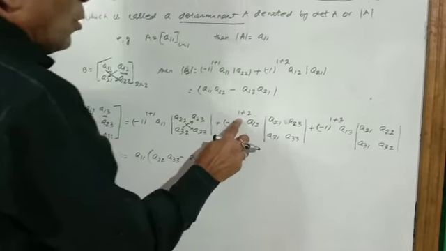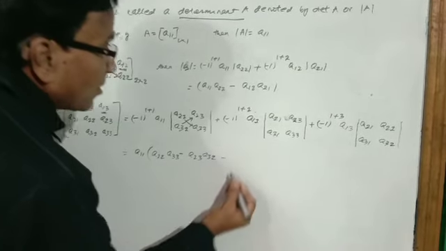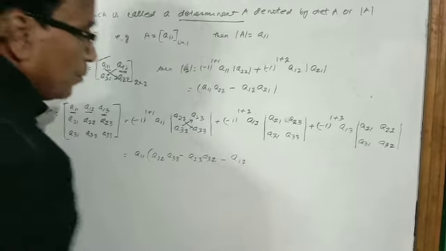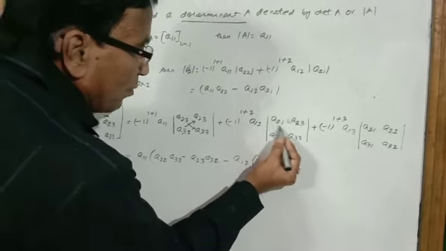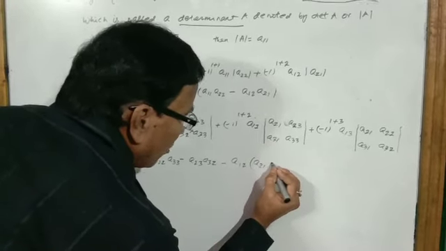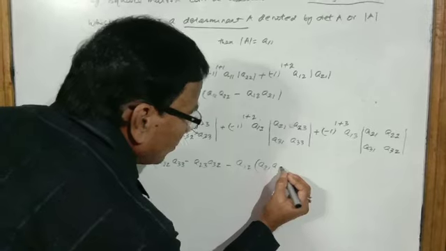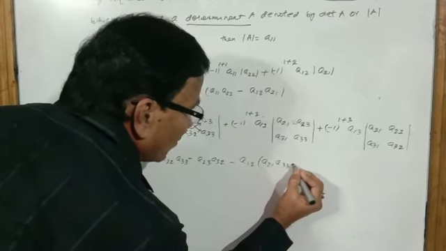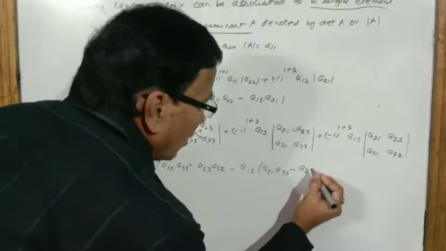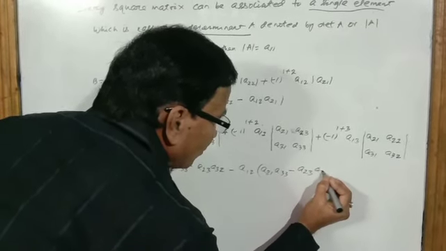Here (-1) whole to the power 3, that means it is minus A12 into the value of this determinant, A21 into A33 minus A23 into A31.